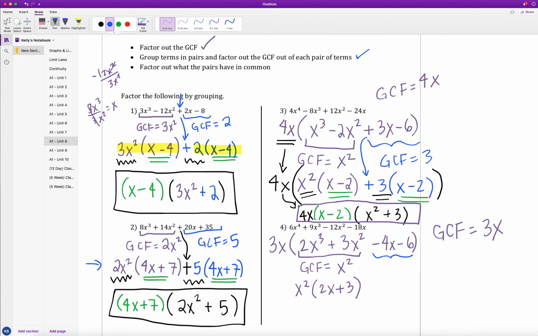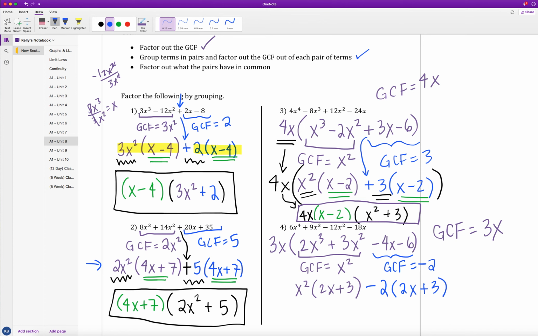Then on the second 2 terms, between the negative 4x and the negative 6, they're both divisible by 2, but they're also both divisible by a negative, so I'm going to want to factor out a negative 2. So instead of plus, I'll have a negative 2 times, we'll be left with 2x plus 3.